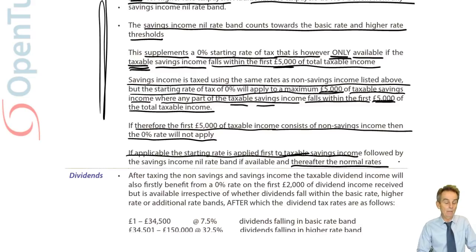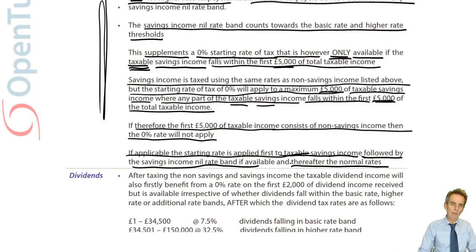If, as may very well be the case in many situations in real life, let alone in the exam, your taxable non-savings income exceeds £5,000, then no part of your taxable savings income can possibly fall within the first £5,000 of your total taxable income. So the starting rate band is irrelevant. But it would be applied first, followed by the savings income nil rate band. And that is available simply on a basis of: are you a basic rate taxpayer? You get £1,000. Are you a higher rate taxpayer? You get £500. Additional rate, you get nothing at all.